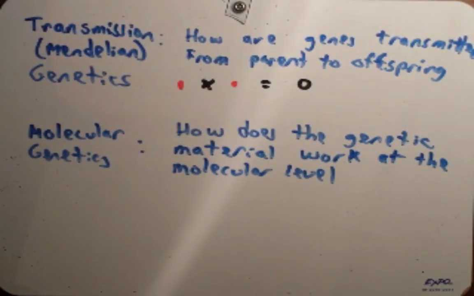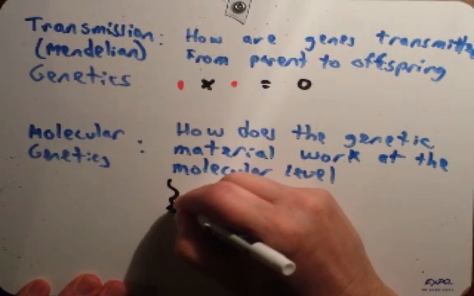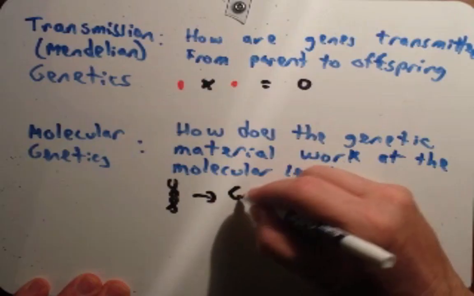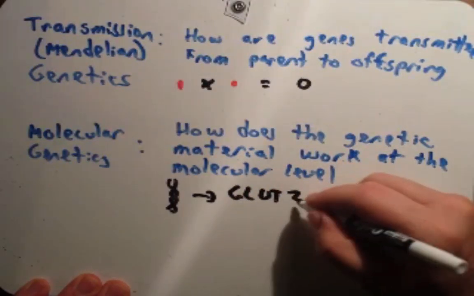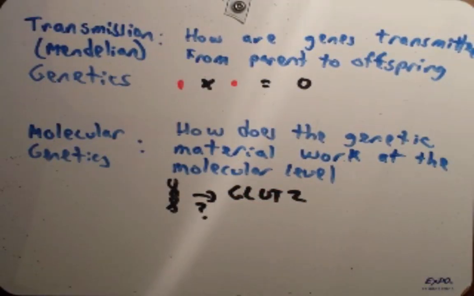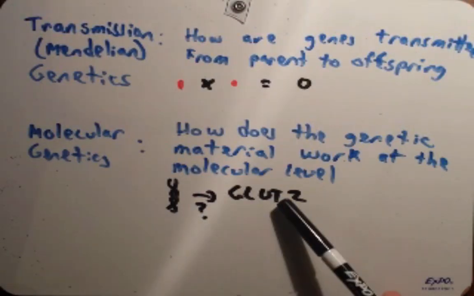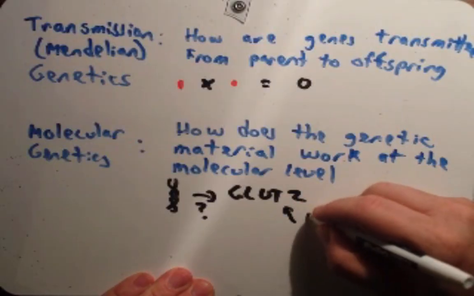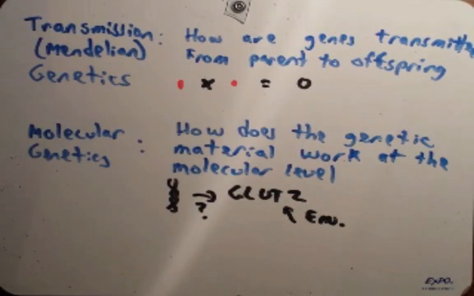So a molecular geneticist is going to be interested in a question like, how does this gene that we talked about a couple slides ago, how does this gene that gives you the protein GLUT2, how does this happen? What are the molecular mechanisms that allow a piece of DNA to carry a message to make a protein? They would also be interested in how the environment affects how this protein is made and what it does with that protein.